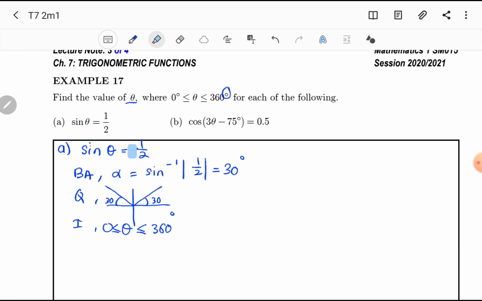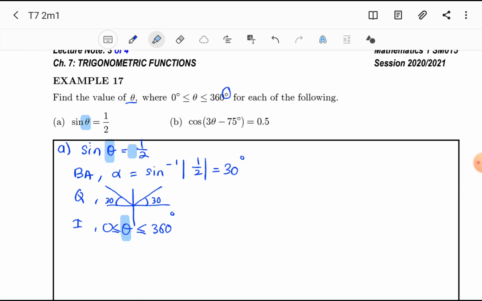The question is about theta, so this is also the interval for theta. We do not need to find a new interval, so we will use this theta. Let's say the question was 2 theta, double. Then we would have to find the new range or new interval for 2 theta. But in this case, the given interval is for theta and the question is also theta, so we do not have to find the new interval.